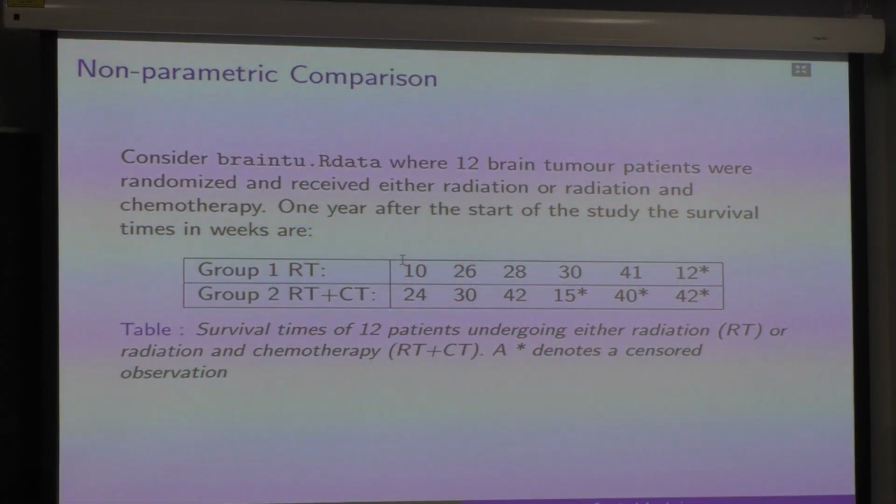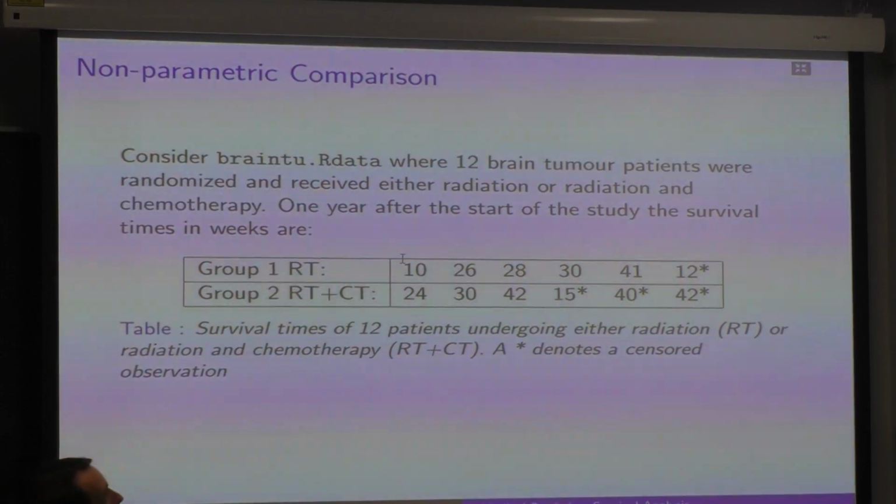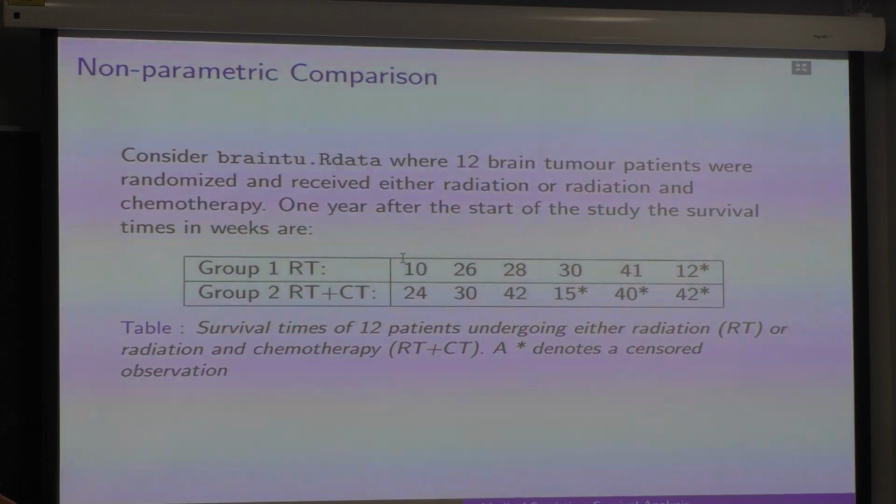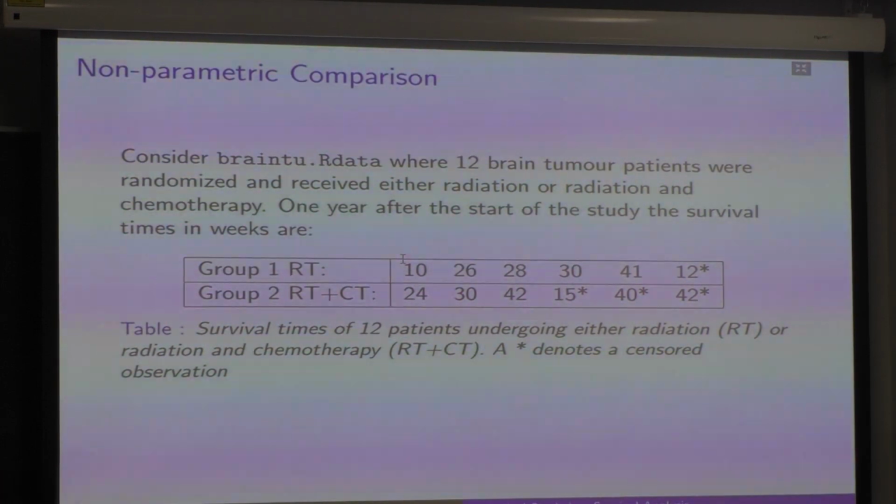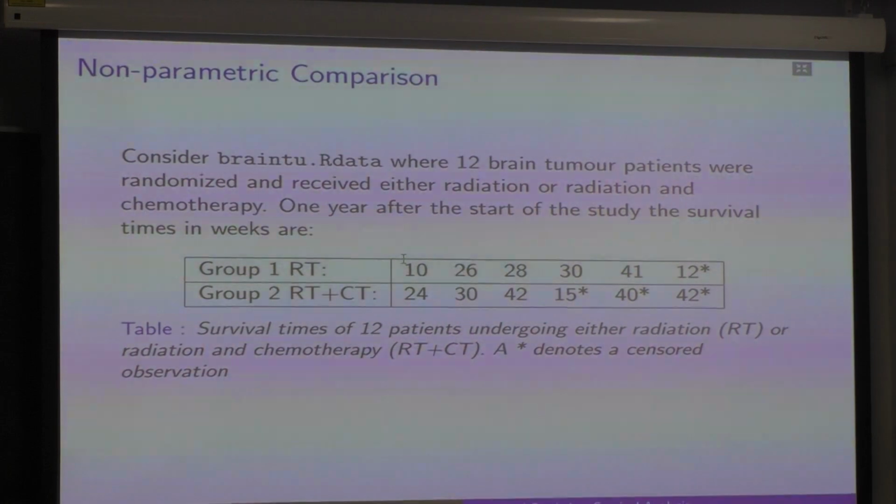Okay, and I'm going to consider some sample data. So this is some sample data on 12 patients who have come into a hospital with a brain tumour. They're coming to my hospital, and I have randomised them to one of two treatment groups.